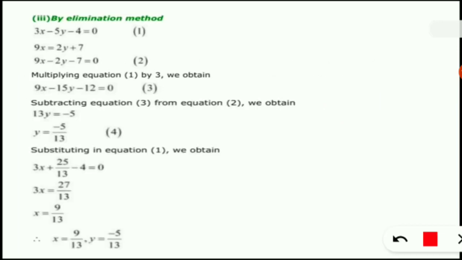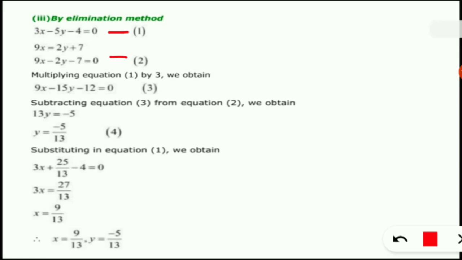First we solve by the elimination method. 3x minus 5y minus 4 equals 0, this is equation 1, and 9x equals 2y plus 7, so 9x minus 2y minus 7 equals 0, this is equation 2. At first we eliminate x.